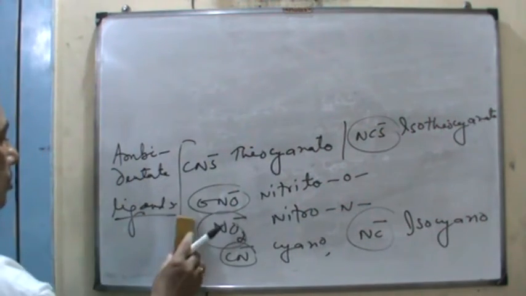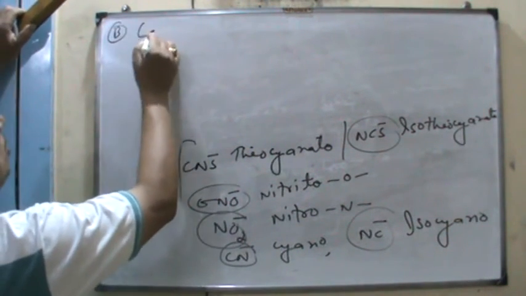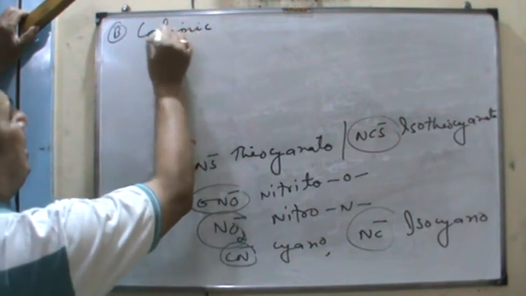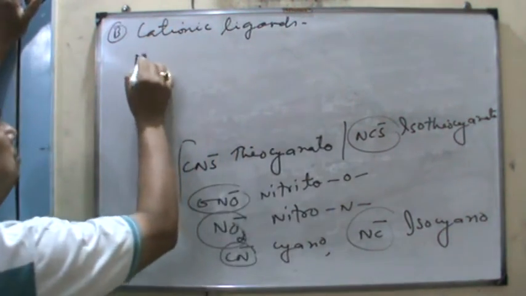Now come to the second type of ligand. What ligand is it called? Cationic ligand. These are very few in number and rarely used.